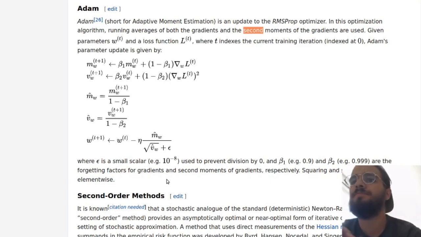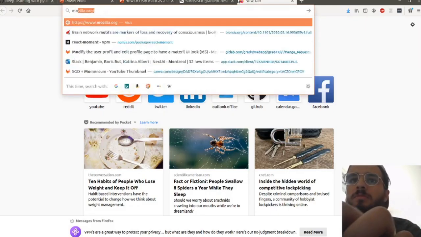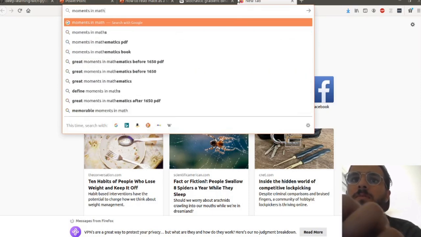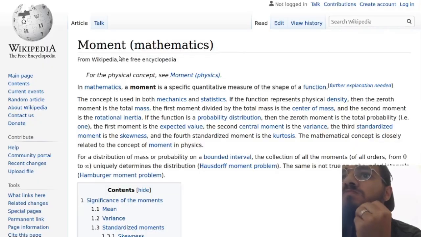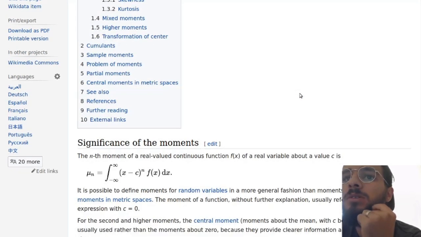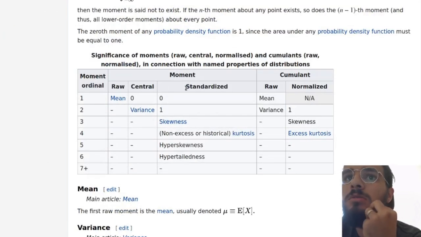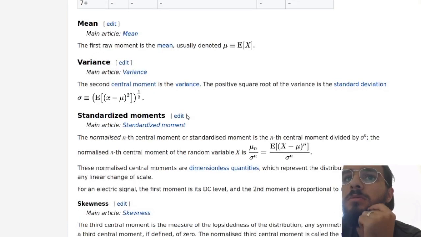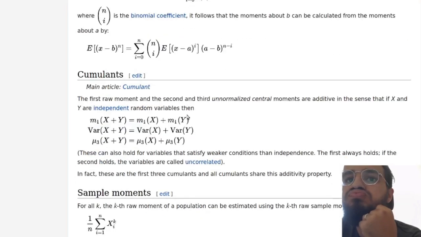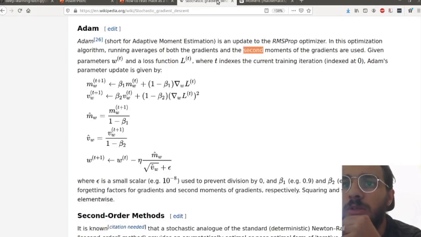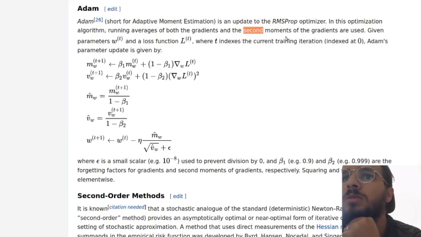So I think, what is a moment? Moment in math. Specific shape of a function. Okay, so what is the second moment? Well, that looked like a square root.